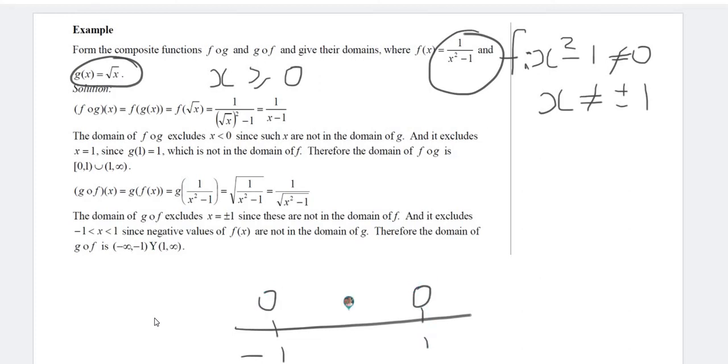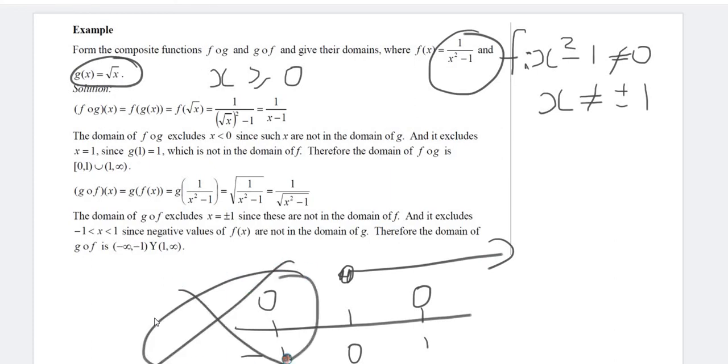But here we have 0 and we have greater and equal to 0. So basically, this part is now out here. We must find the combination of the two. So in other words, x can now be greater and equal to 0, but not 1.